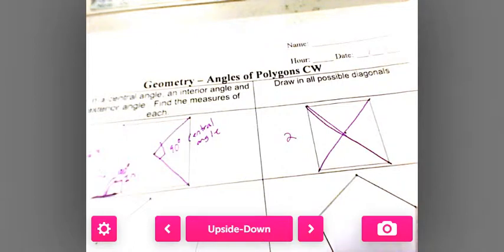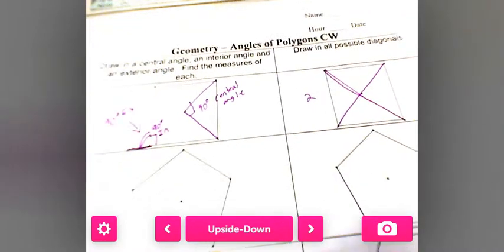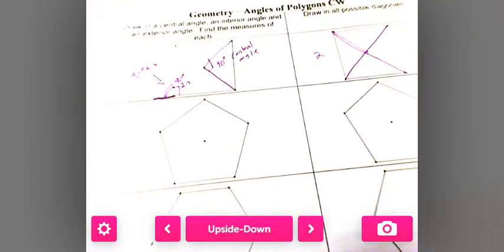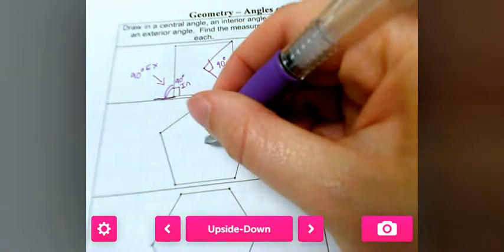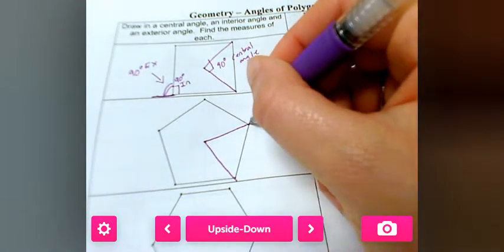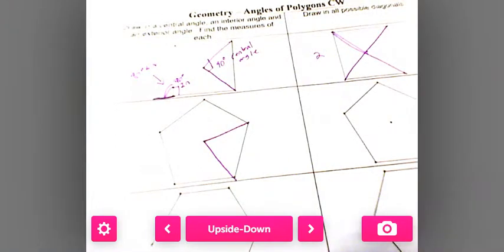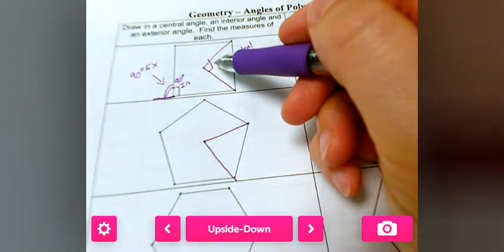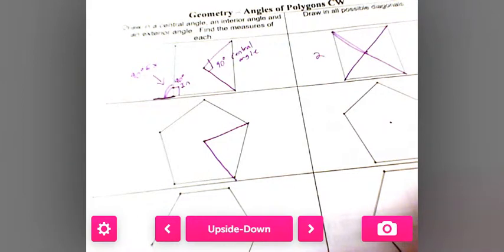Okay, let's talk about how to find a central angle for a pentagon. It's got 5 sides, and we're going to draw in our nice central angle right there. Now, it was pretty easy to figure out that it was 90 degrees for a square. How many degrees is it going to be right here, and how would I figure that out? How many sides does this have?